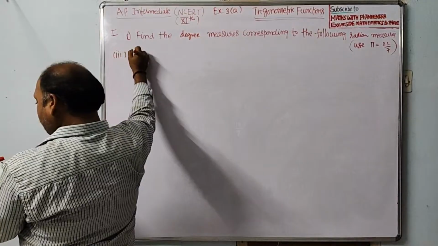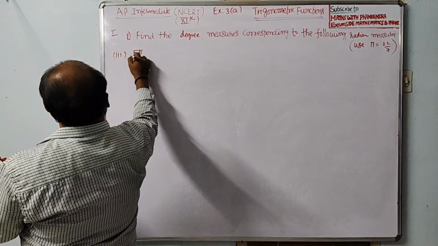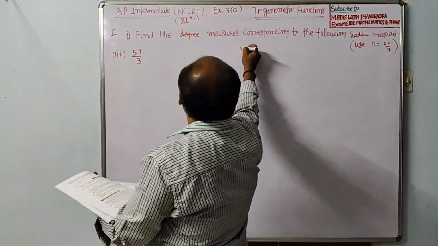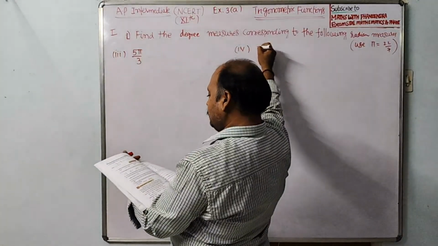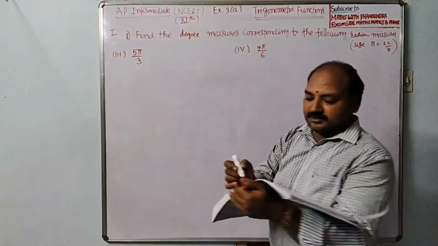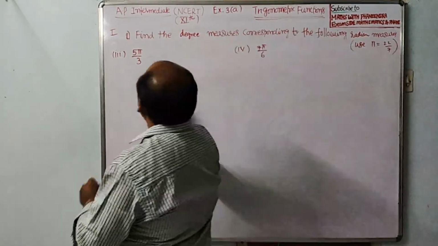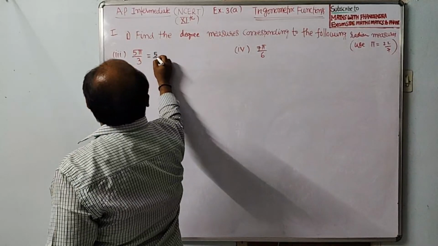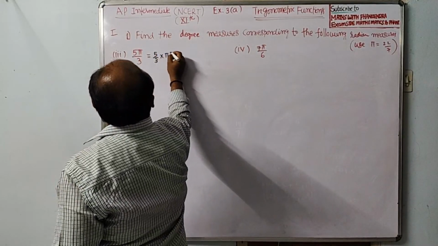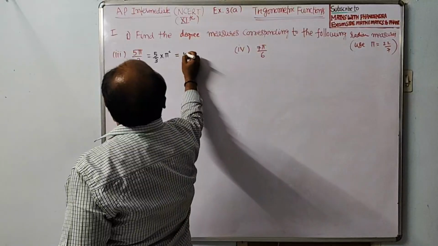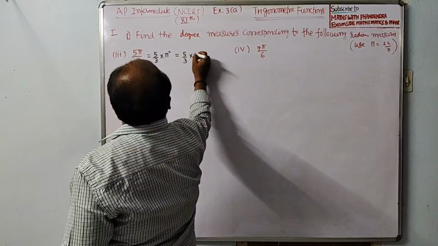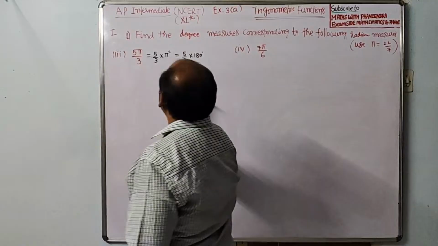Third one, 5 pi by 3, and fourth one, 7 pi by 6. These are questions. So this will be easy to convert to degrees. They're asking to convert into degrees now. So 5 by 3 into pi radians equal to 180 degrees.